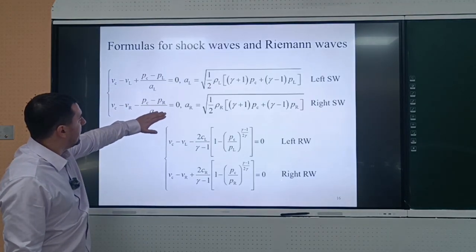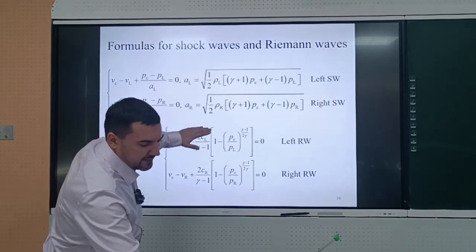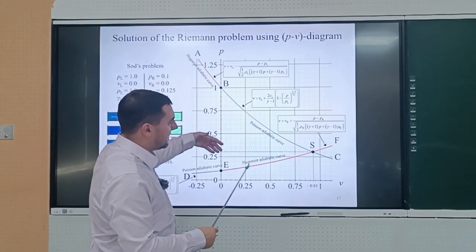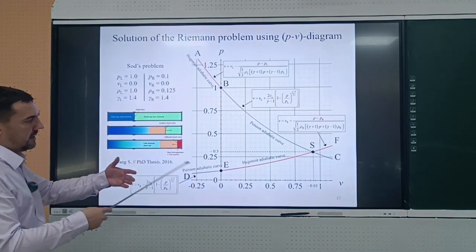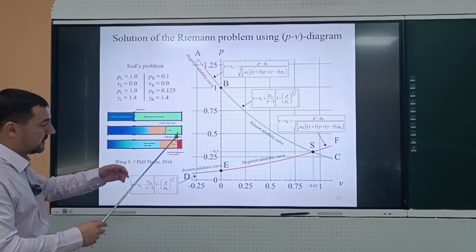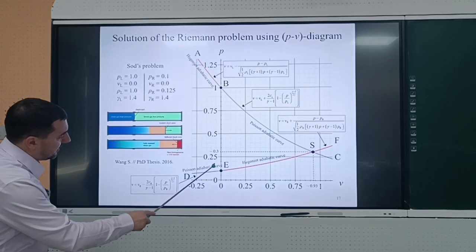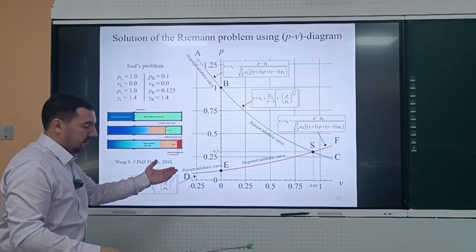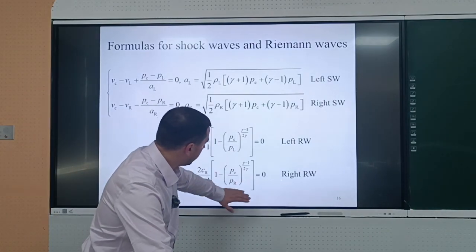I just use this expression, and this is not a schematic, so indeed, if you take gamma equals 1.4 and these parameters, the PV diagram for the shock tube problem will look like this one. And you also can plot the Poisson adiabatic curve, which means the right rarefaction wave, this one.